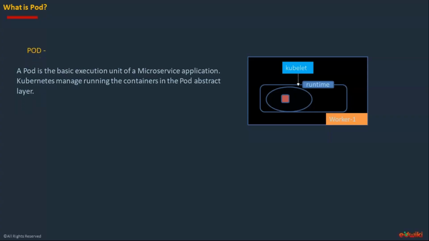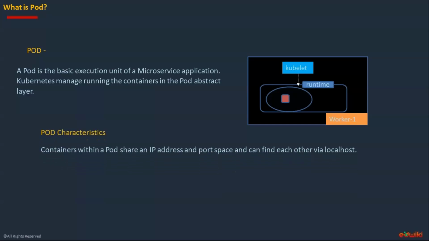That's the reason that, from the Kubernetes perspective, the pod is the actual execution unit, or I would say the actual compute environment where your application will be running. The properties of the containers running inside a pod now become the pod properties.